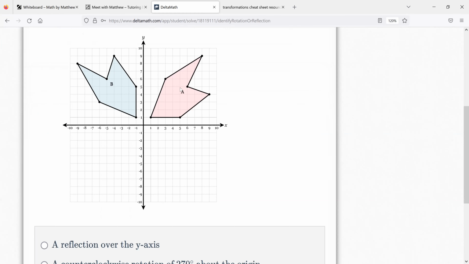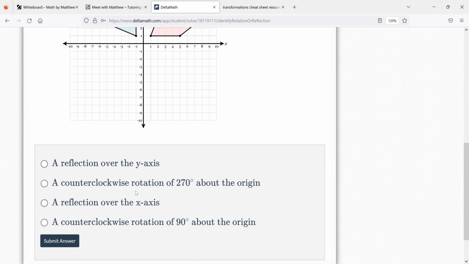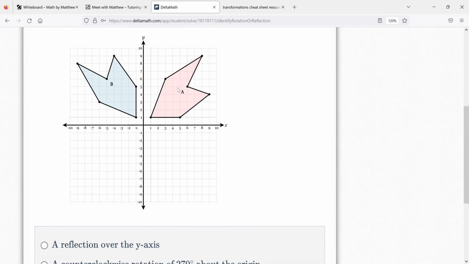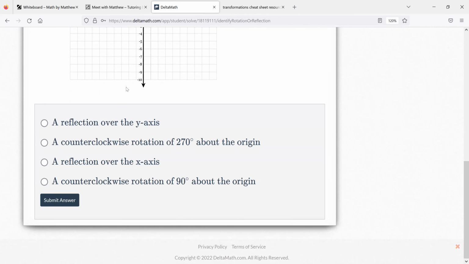Now again, A to B. We're going from the one on the right to the one on the left. So is it a reflection over the y-axis? What do you think? Yes or no? No. So it's either counterclockwise 270, which is going the other direction from A, or counterclockwise 90. 90 moves 1 quadrant from A to B. Yeah, that looks right.